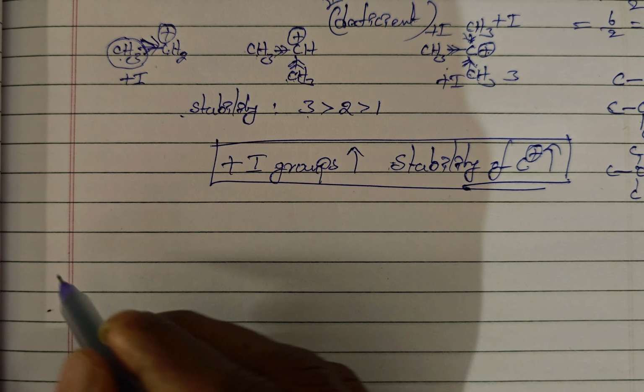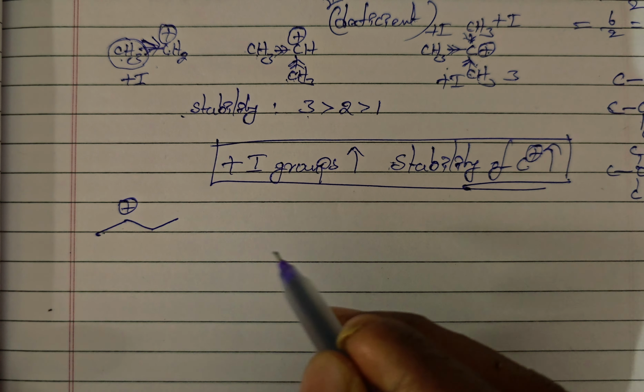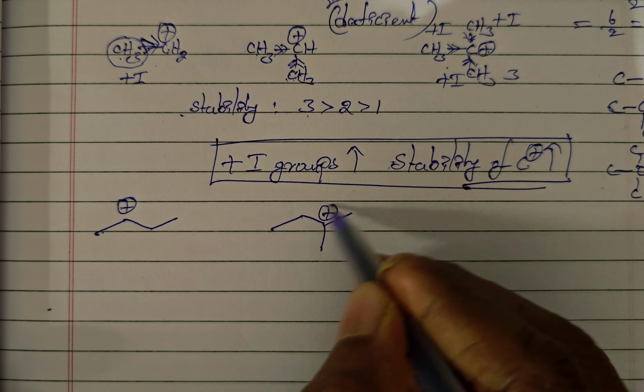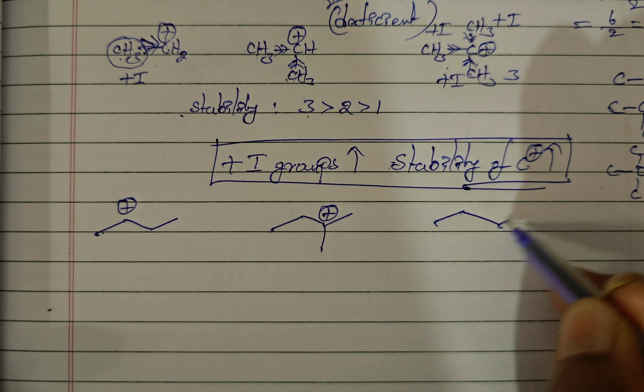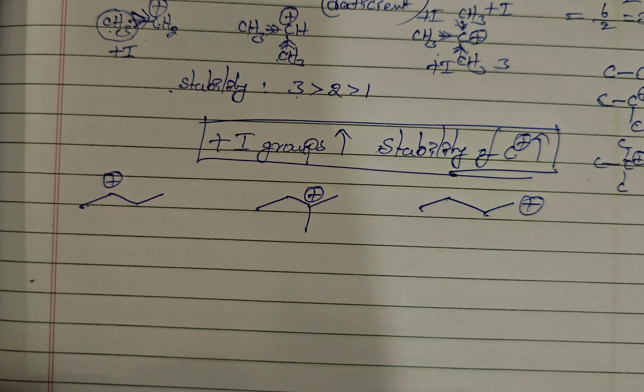Look at another application, the line form of carbocation. Here the carbocation is present, represented in line form. In these three carbocations, which is the more stable?